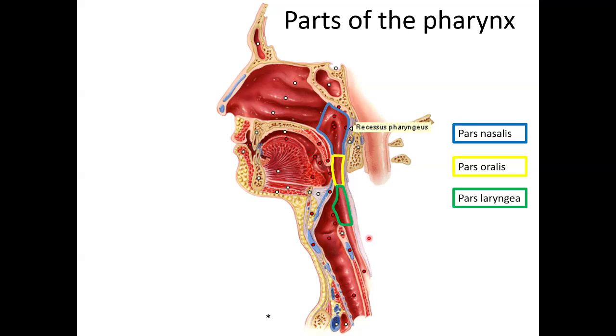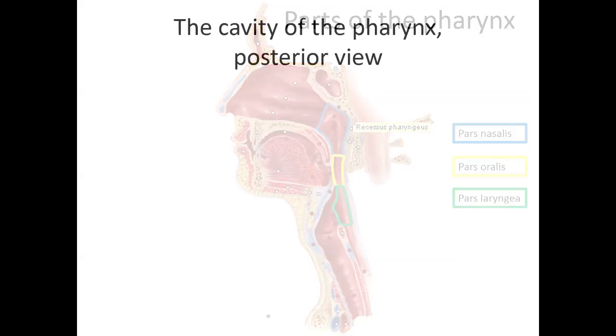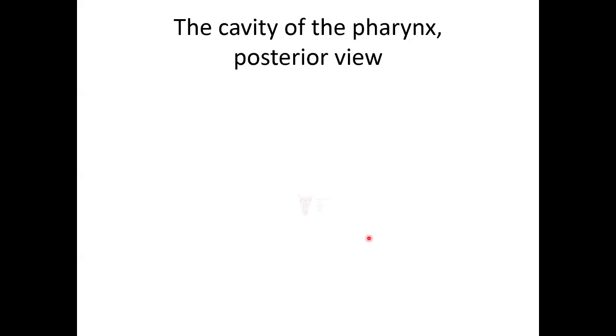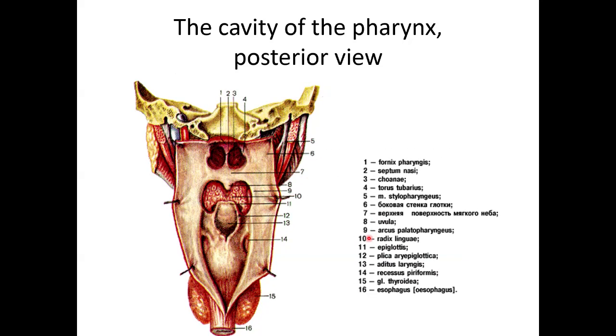And now let's try to look at the pharynx from posterior view and be attentive for these structures. What is it? Special surgical devices for open the pharynx.